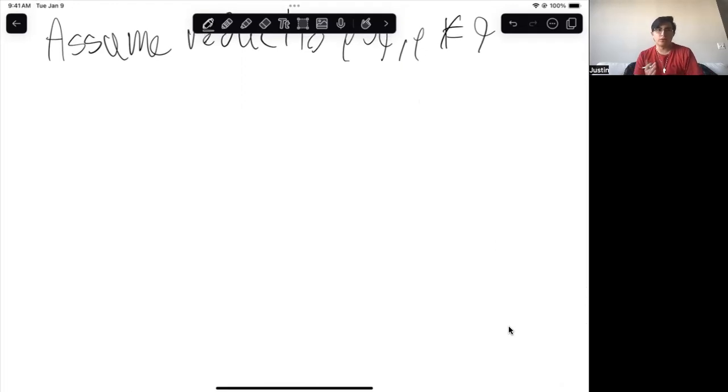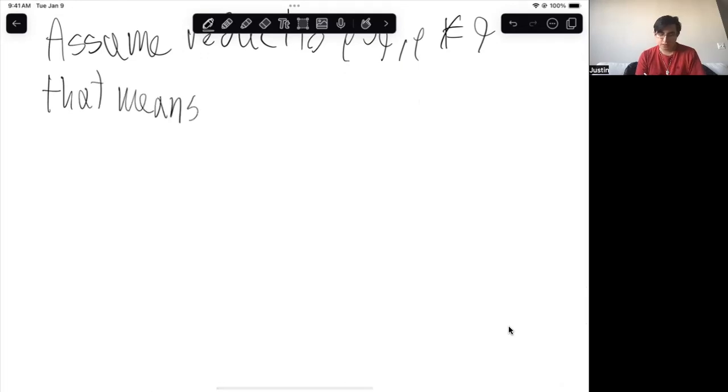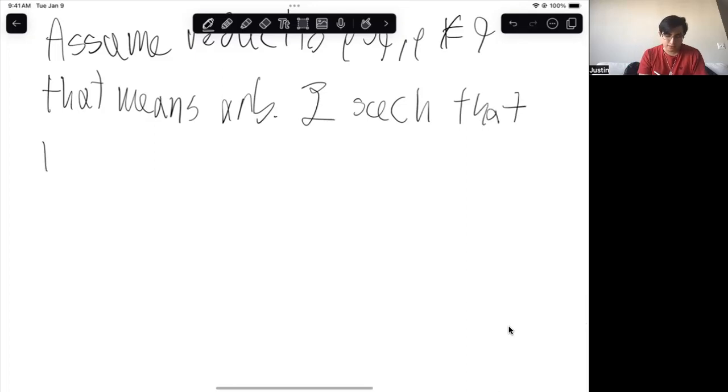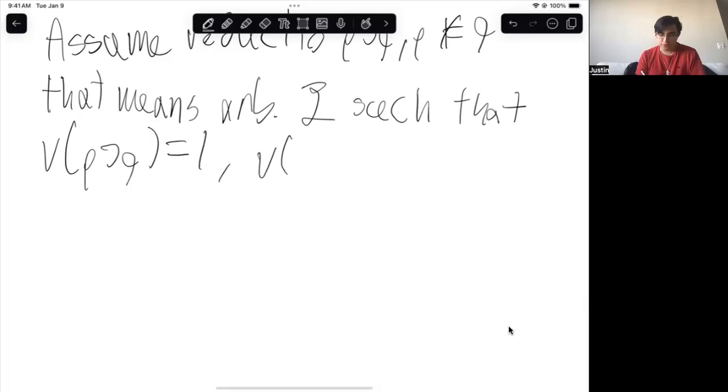So basically what you want to do now is think through this. That means that there is an arbitrary interpretation such that the value of this conditional is true, the value of P is true, and the value of Q is false.